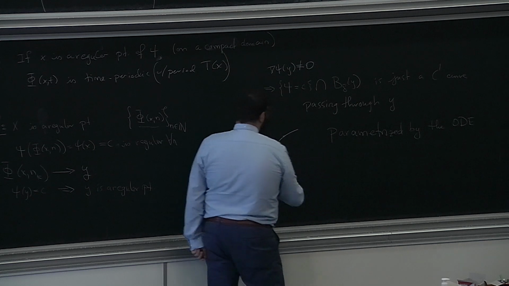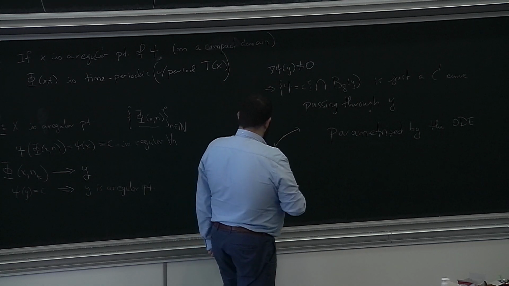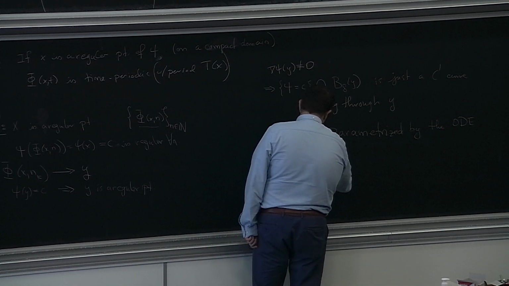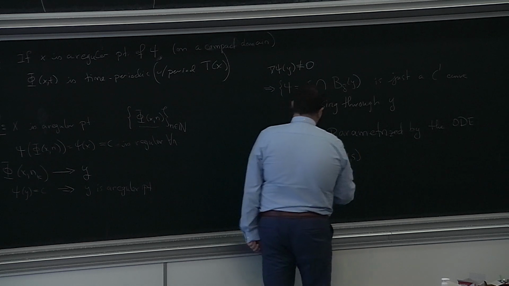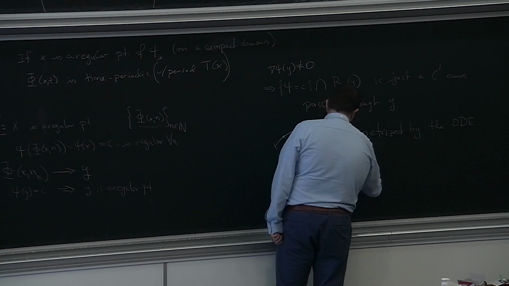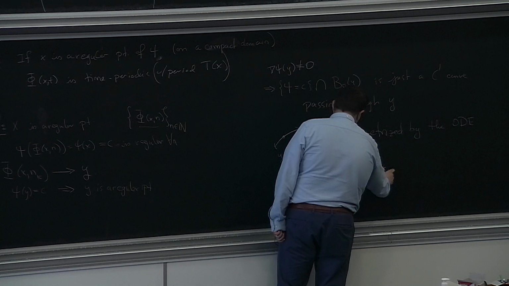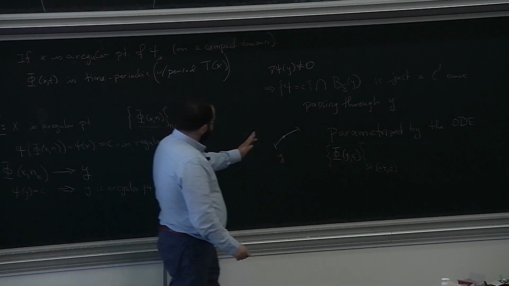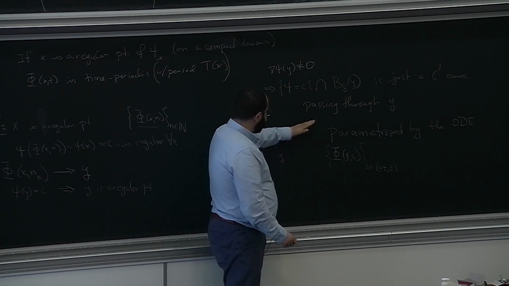So in a small segment here, all of these points are just phi s of y, for s in some interval, say minus epsilon to epsilon. The level set psi equals c intersected with this small ball is just this curve.